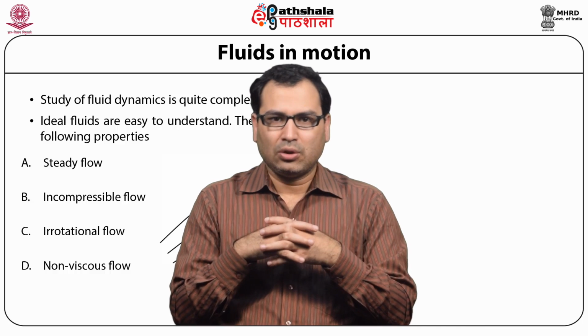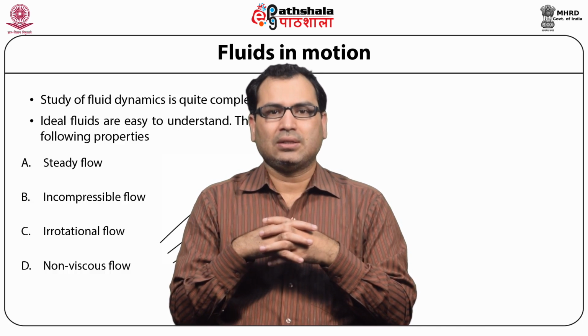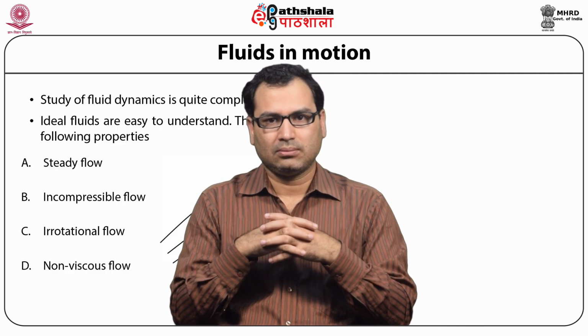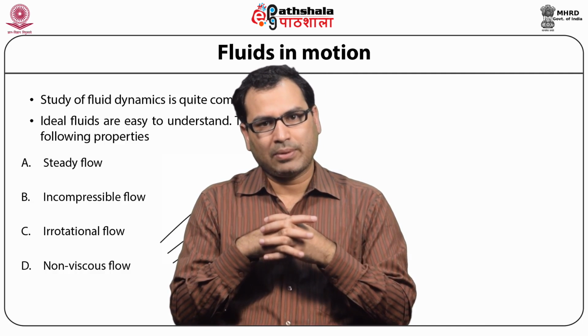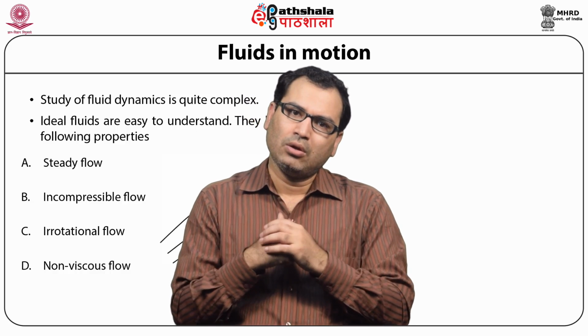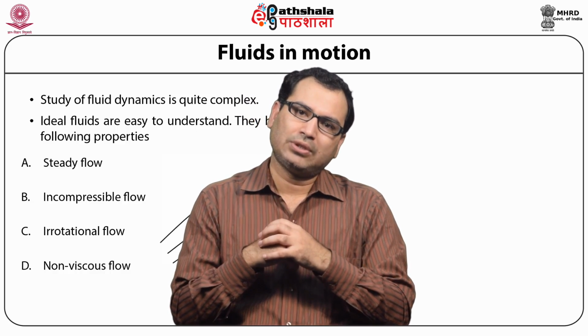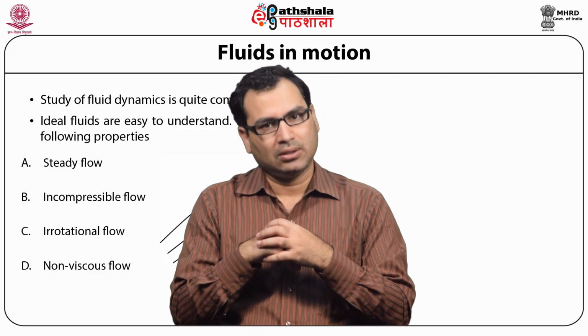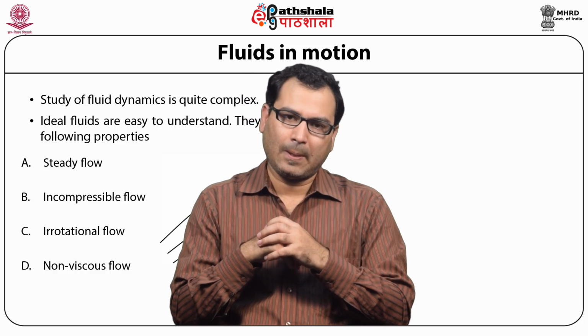So when we want to understand the dynamics of fluids, we have to make some approximations. So the first approximation is about the fluid itself. We assume that the fluids are ideal, and then we study their flow dynamics.